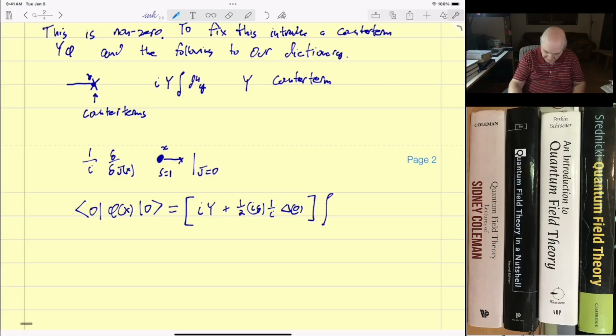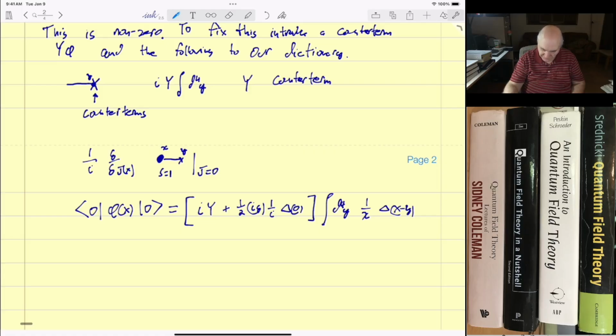This is point x, this is point y, where the counter term is at. The integral of d^4y, and the loop, 1 over i Δ(x minus y). So you can see, once we apply the functional derivative to the source at x, it just wipes it away.